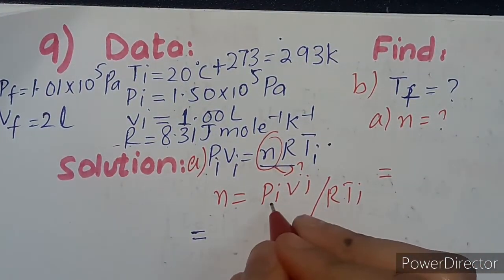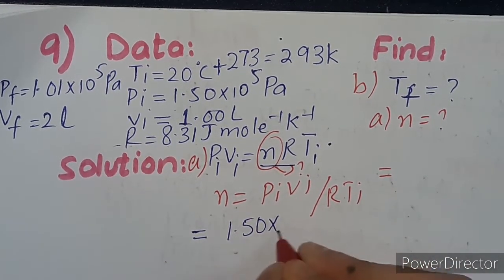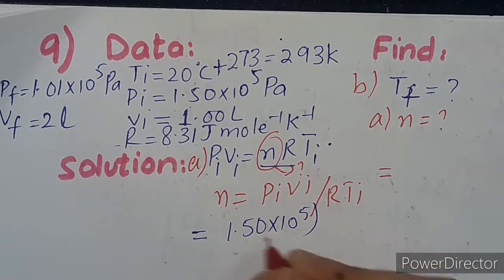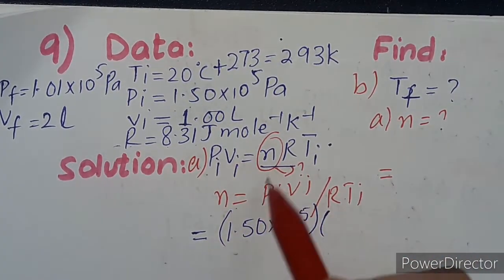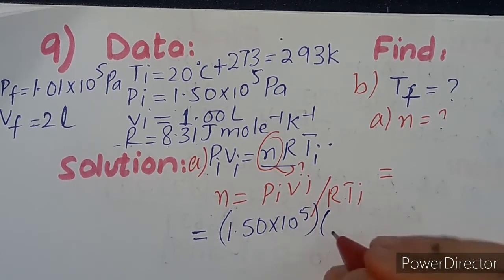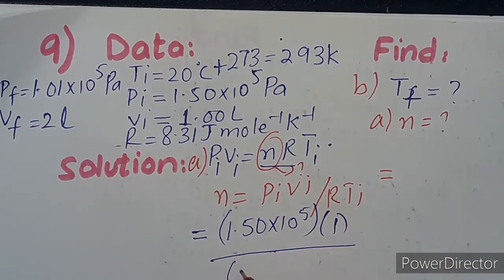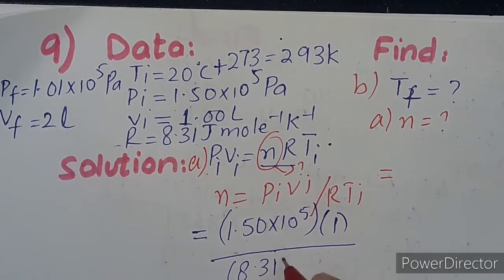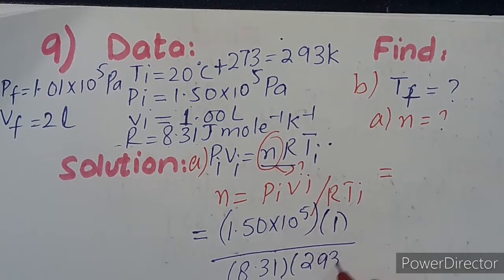Okay, so pressure Pi is 1.50 10 to the power 5 multiplied by Vi is 1, divided by R is 8.31 into T is 293.